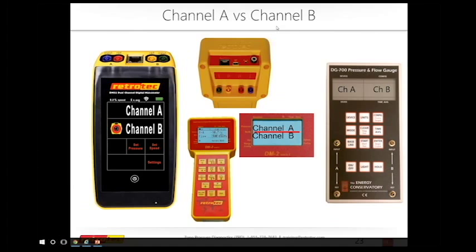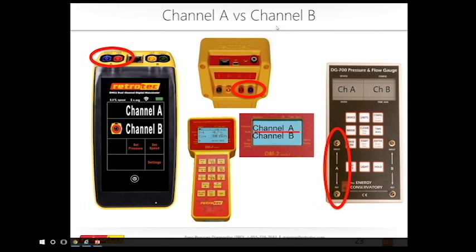Each one of your gauges is really two gauges in one: there's a reference and input for channel A, and there's a channel B. Most of the things we're going to be doing, you can use either one, but it's so much easier just to use channel A because it already is set up to read pascals, and that's really what I'm trying to read in terms of doing the zonal pressure diagnostics.